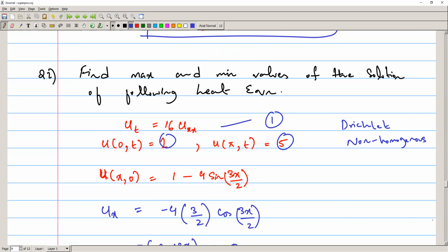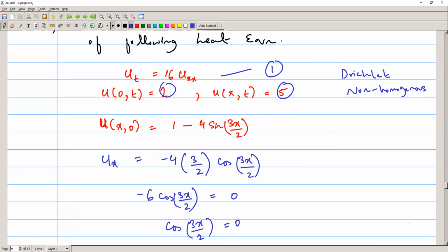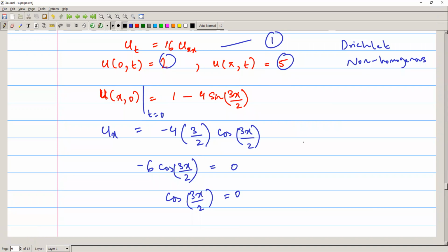Right, so now the initial condition at time t equals 0 is given as 1 minus 4 sine 3x over 2. Now again, for calculation of maximum and minimum, we know that we have to find the derivative.